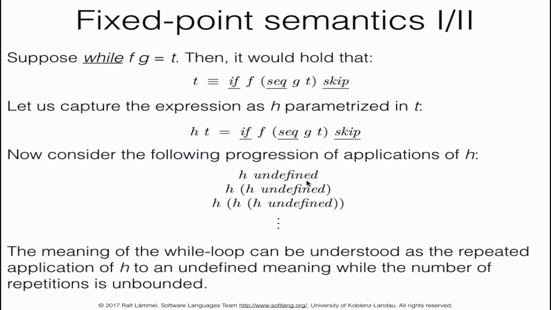So we consider the progression of the repeated application of h to the undefined meaning. And that's interesting, because if we take a limit of this progression, then we have found the meaning of the while loop.